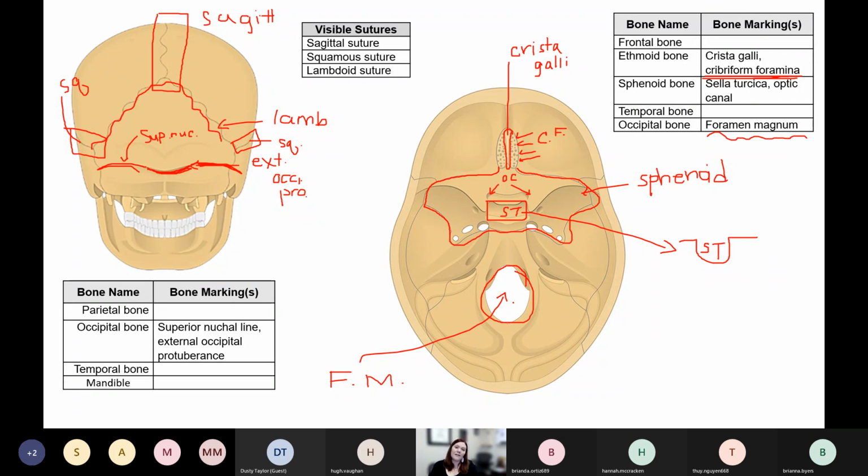The foramen magnum is the space where the spinal cord can attach to the brain. So if we're looking at our other view, we have our little vertebrae bones right underneath it, but we need a space, the foramen magnum, for that spinal cord to come out of the brain. So foramen magnum, the big hole that allows the spinal cord to attach to the brain.